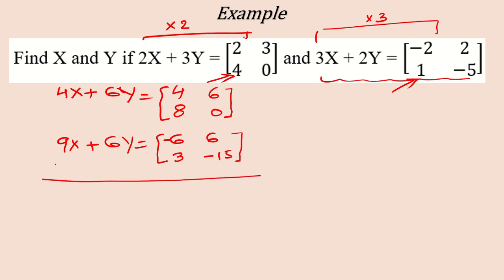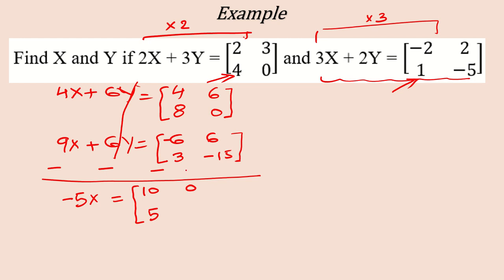Now, you see coefficients of y are same and they are of the same sign. So, we will subtract them. So, for subtraction we change the sign. So, 4x minus 9x will be minus 5x is equal to, and this subtraction will be 4 minus minus 6, means 4 plus 6, means it is 10. 6 minus minus 6 means 0. Then 8 minus 3 means 5.